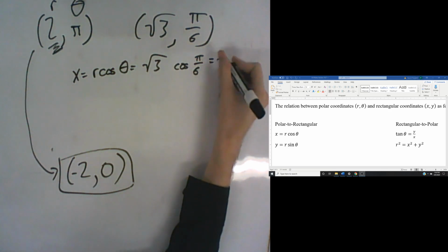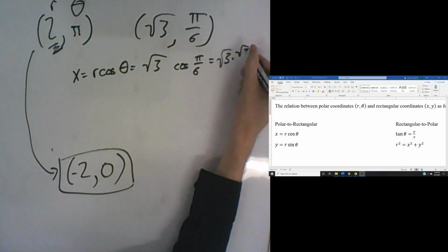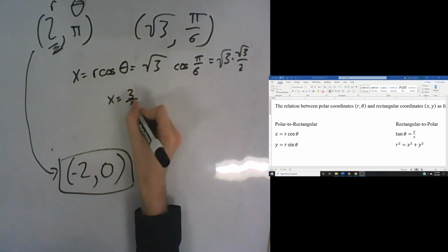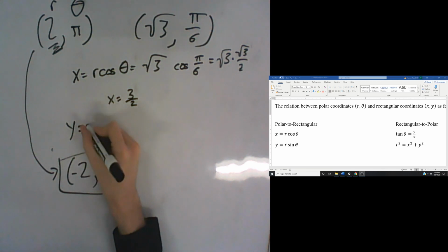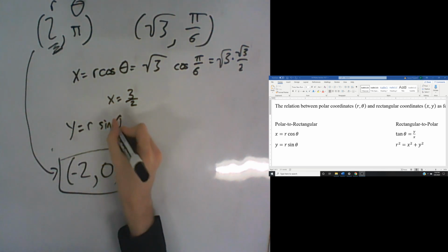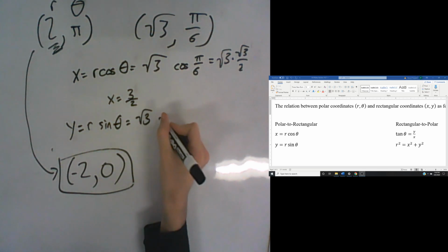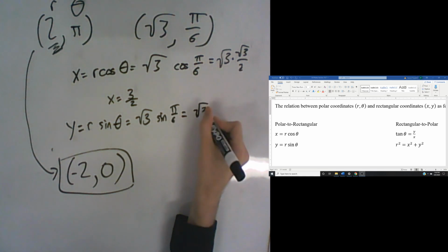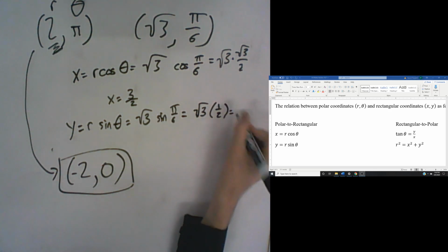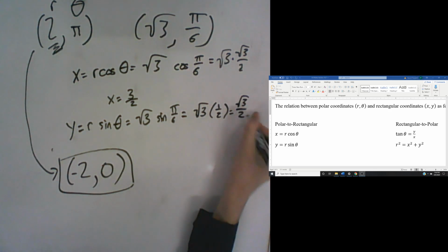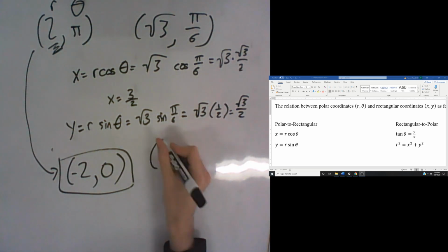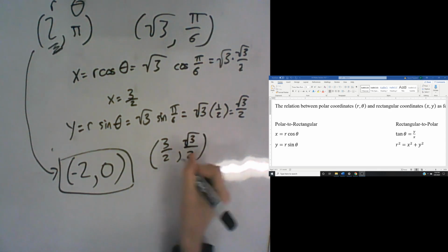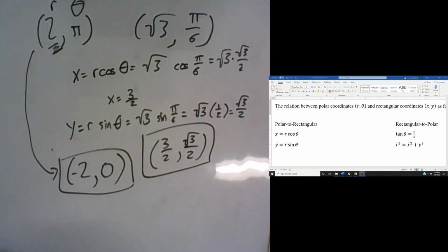So √3 times √3 over 2 equals x equals 3 over 2. Now y equals r sine of theta. R is √3. Sine of pi over 6 is 1/2, so √3 times 1/2 gives us √3 over 2. So our answer is 3 over 2 comma √3 over 2, and that's our point.